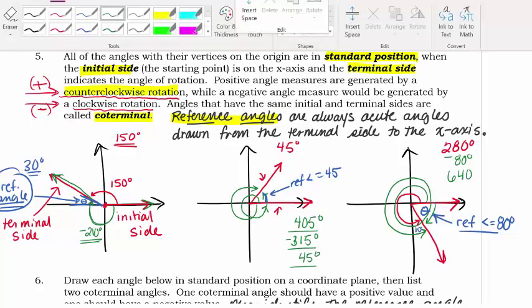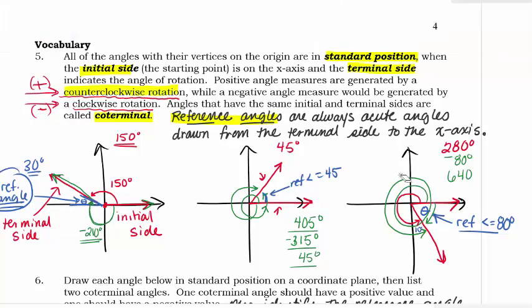We could also go backward more than once or in the negative direction. So let's look at what that might be. If we go in the reverse, if we go negative 360 and then we subtract 80, we'll get another negative coterminal angle. So if we take 280 and we subtract 360, we get our negative 80-degree angle, which was our first negative coterminal angle.